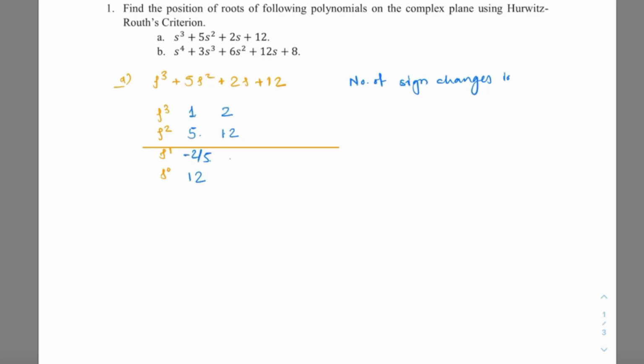This implies that there are two roots of the polynomial in the RHP and one root in the LHP, the left half of the complex plane.